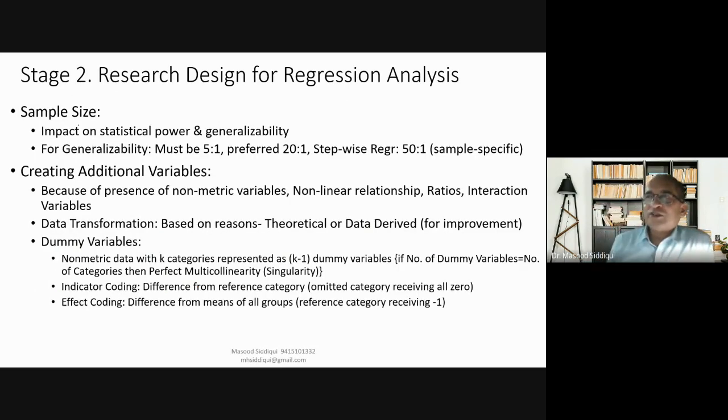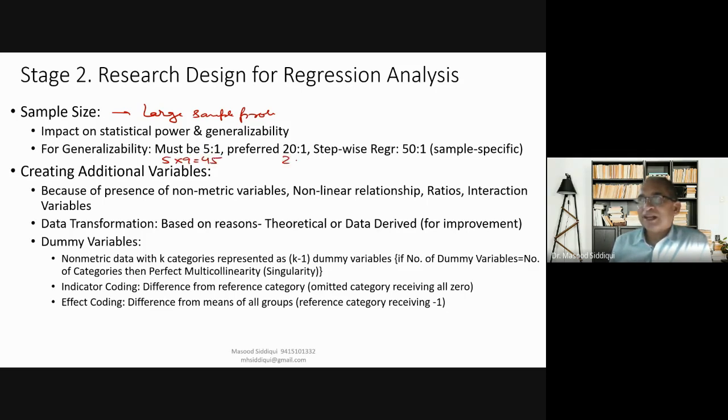Now, related to the sample size, this is a large sample problem. So what are the thumb rules? It should be 5:1, means for each predictor, there should be 5 cases. So here we have 9 predictors, so the minimum sample size is 45.